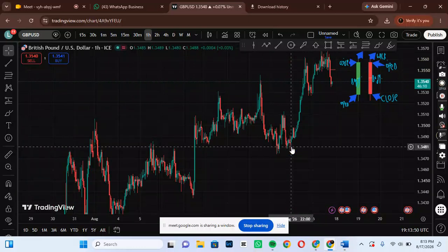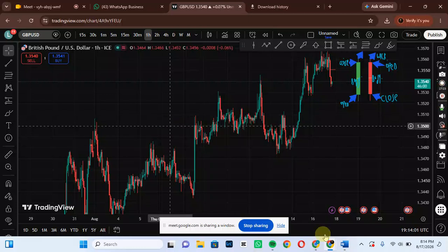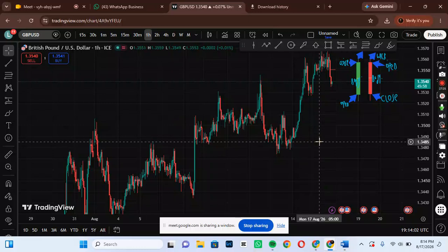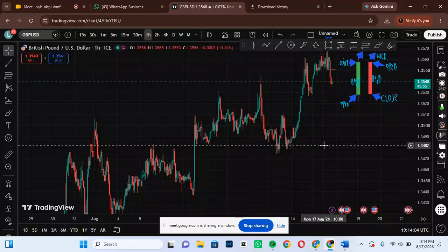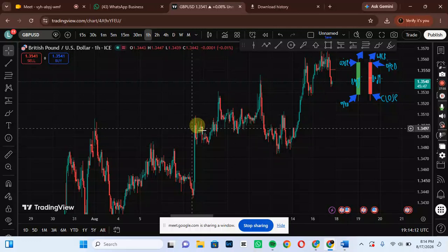We have 3 types of market structure: the uptrend, the downtrend, and the consolidating market. You understand? We have the choppy market, the consolidation, the ranging. Either you call it consolidation, range, or choppy market. You can call it whichever name. That particular one has 3 names, but the uptrend is uptrend, the downtrend is downtrend.